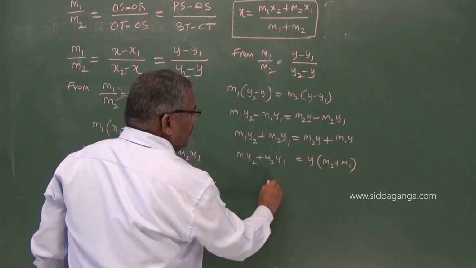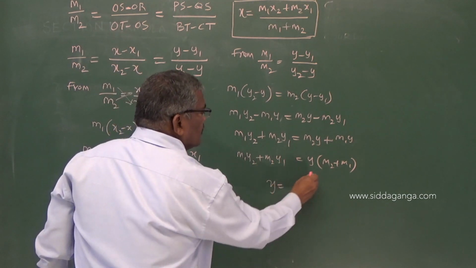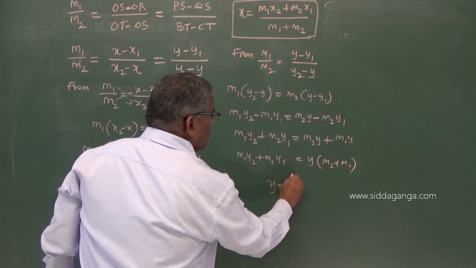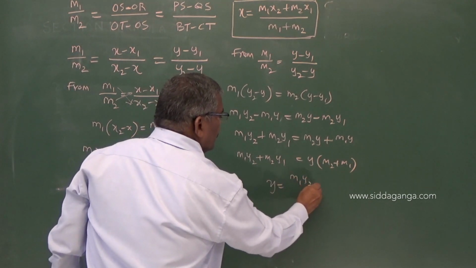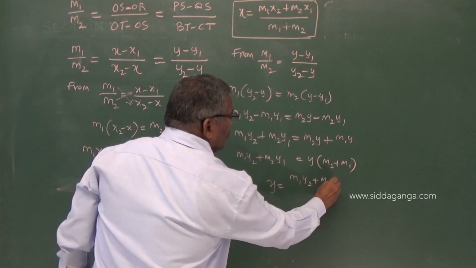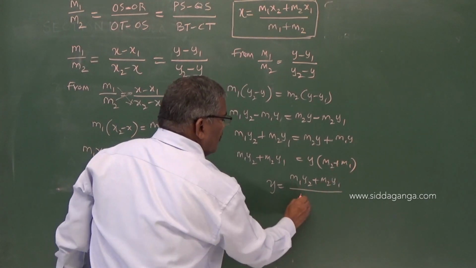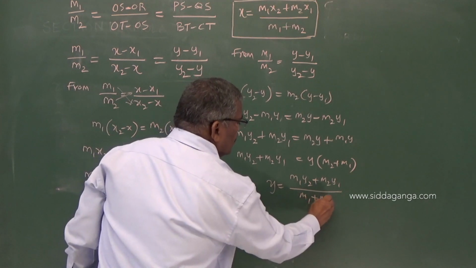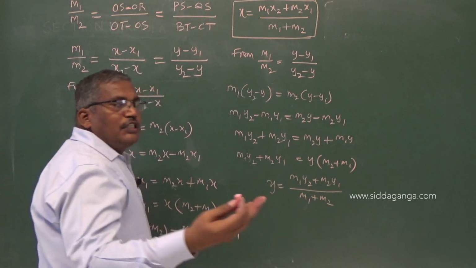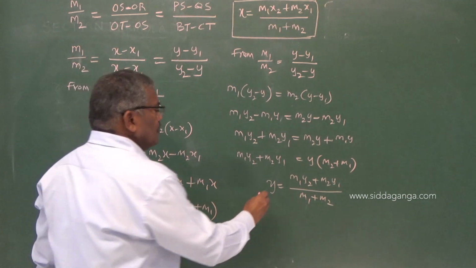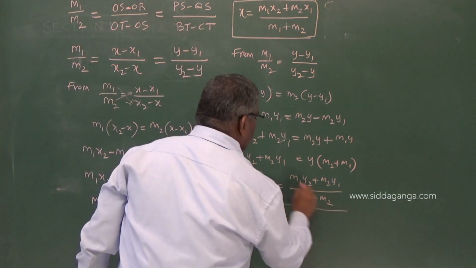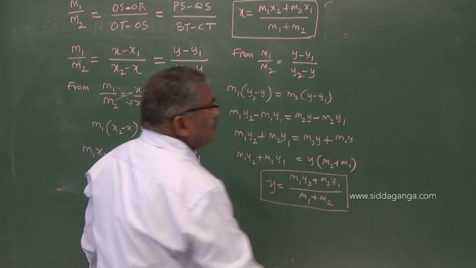If you transfer, you will get y equals M1 y2 plus M2 y1 divided by M1 plus M2. M2 plus M1 is the same as M1 plus M2. So this is the value of y.